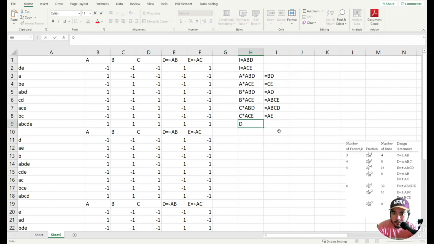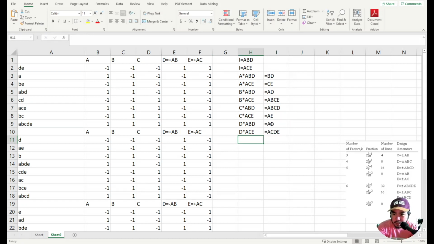Kasi hindi natin ginawa for D and E. So D times ABD and D times ACE gives us, this is AB, tama? This now becomes D times A equal to sa ACDE, tama?